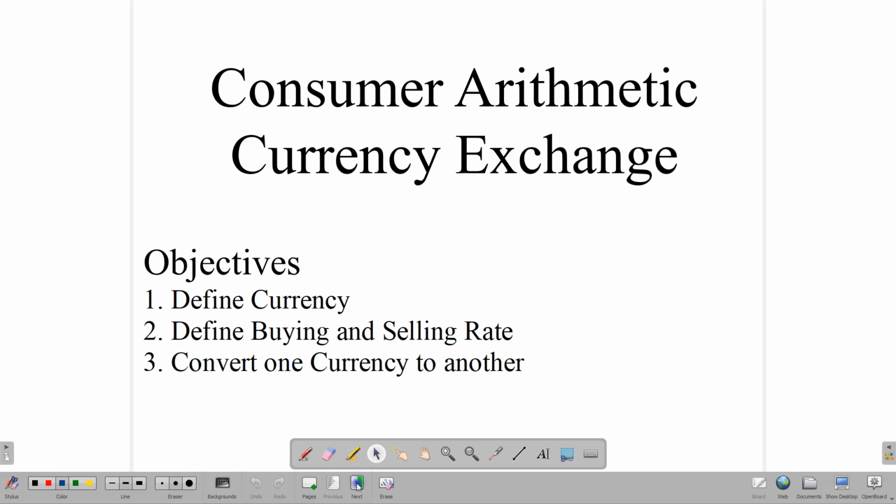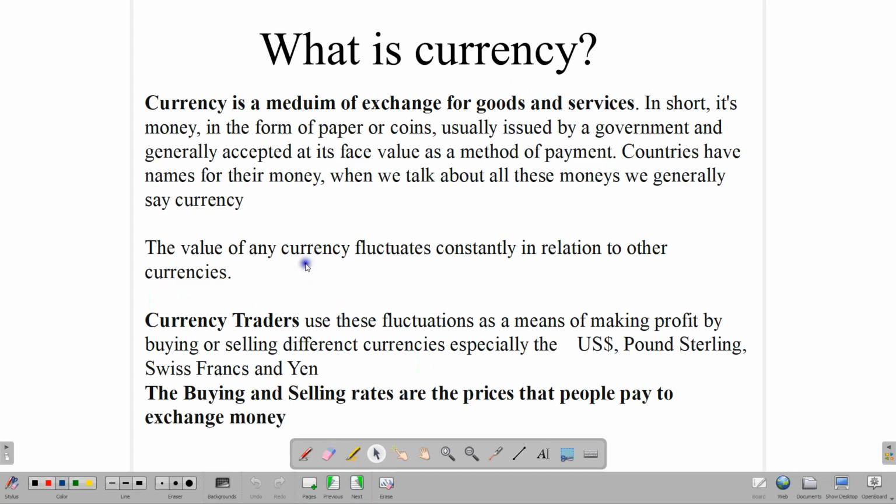So first, let's talk about what currency is. Currency, as some of you would know already, is a medium of exchange for goods and services. It's generally money that is in the form of paper, coins, or both paper and coins.